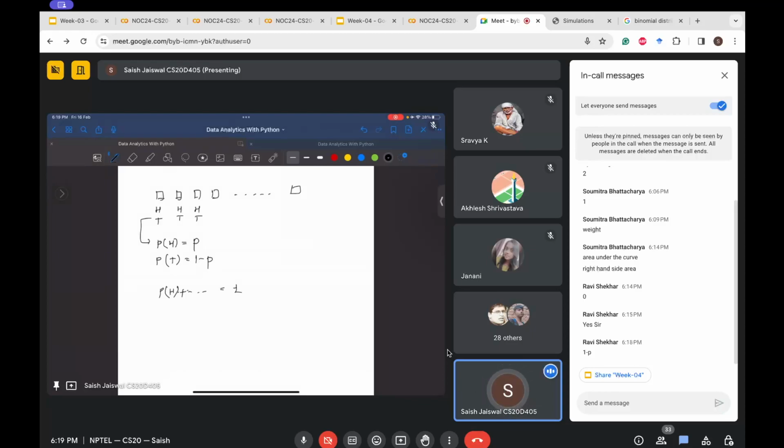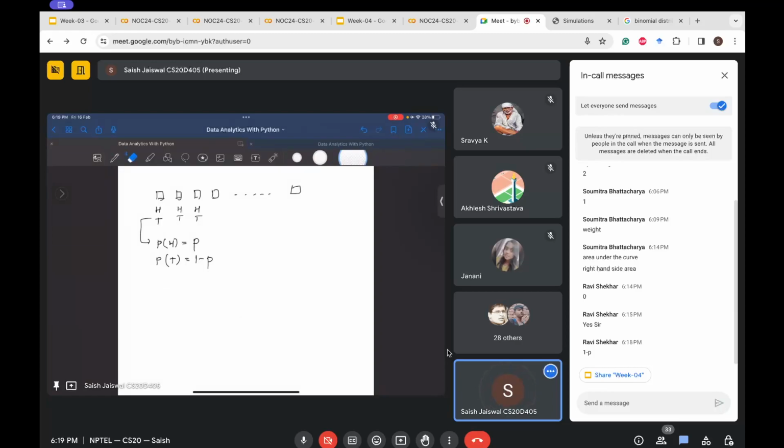There are only 2 elementary events, getting a head or getting a tail. So the probability of heads is P, and the probability of tails will be 1 minus P. Okay.